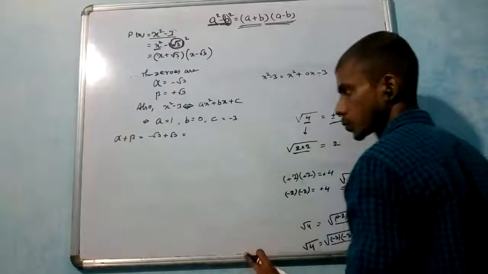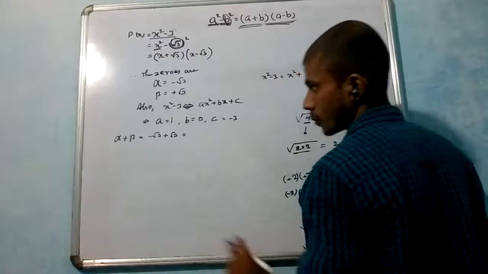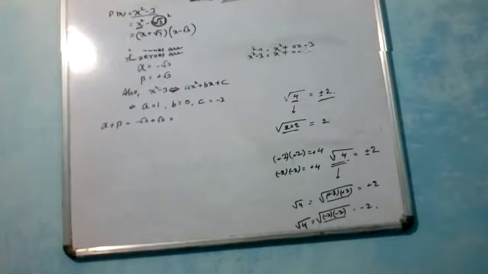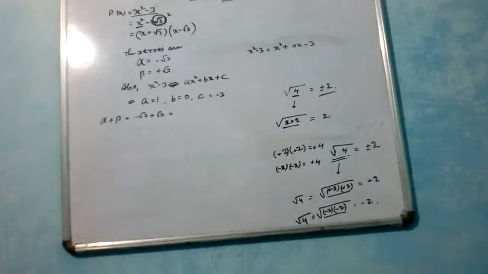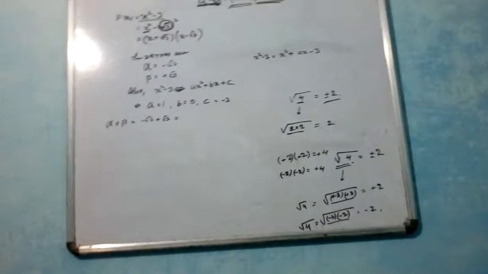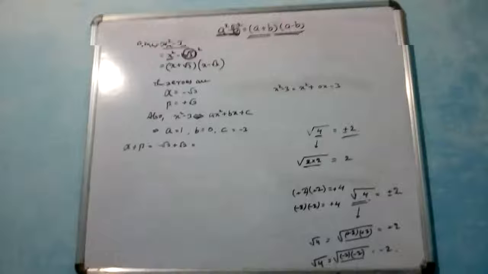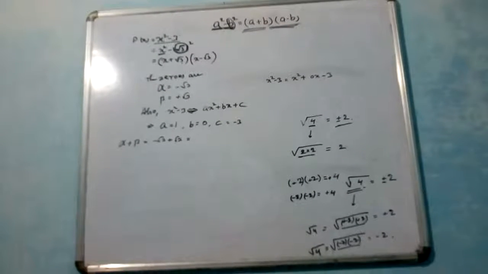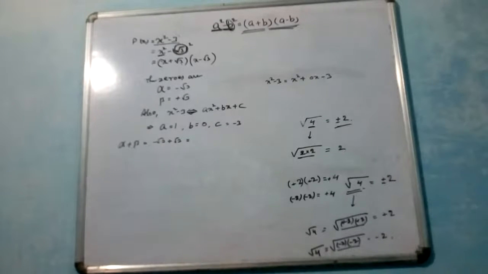Minus root 3 plus root 3, how much? 0 now. Okay. So this is 0.